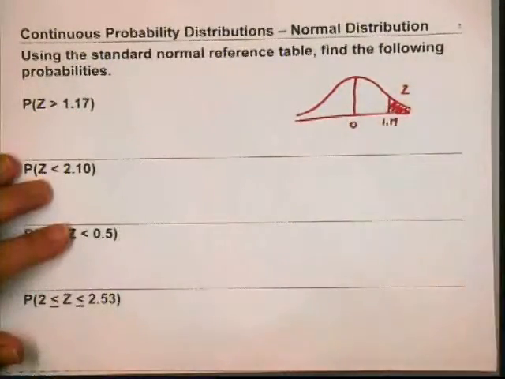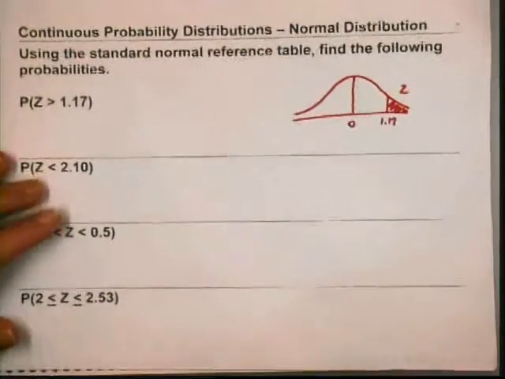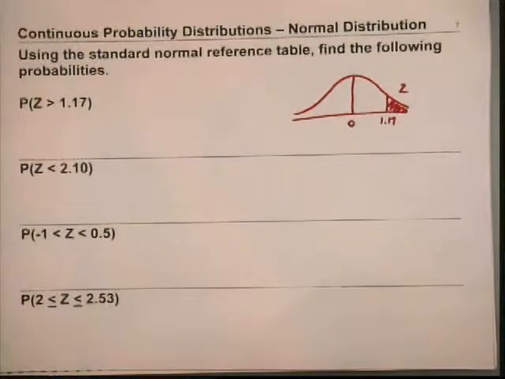We're looking for this bit over here. All right, so our common sense check is that we know this answer has to be smaller than 0.5, right? Because the area from 0 and to the right is exactly 0.5. Okay, so look up the z-score of 1.17 in table A1 and tell me what you find.